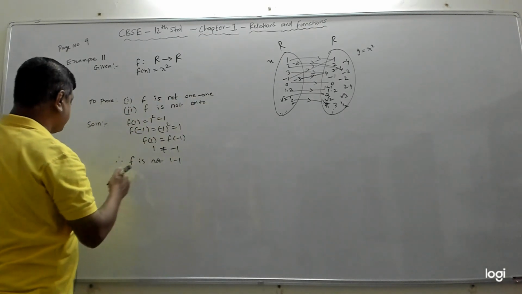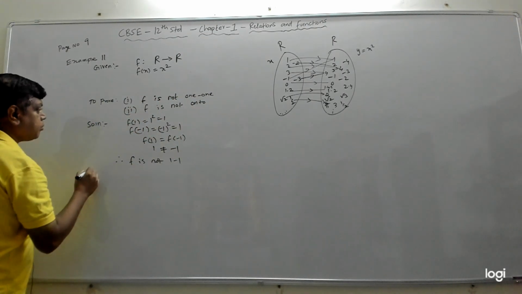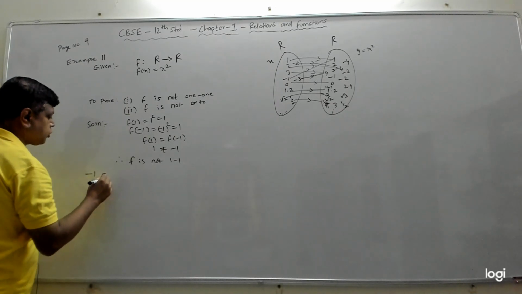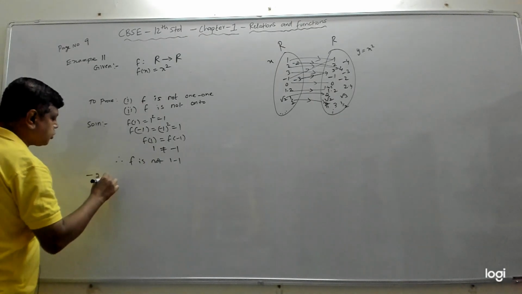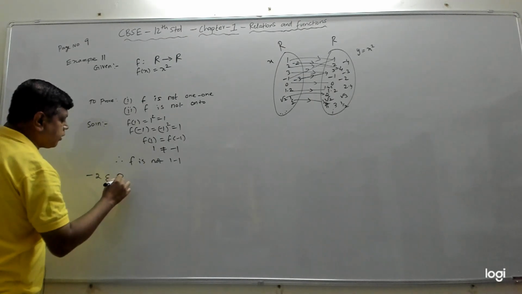We'll take one element. We can even say -1 belongs to R, or we can take any negative number. We'll take -2. -2 belongs to R, and this R is what?